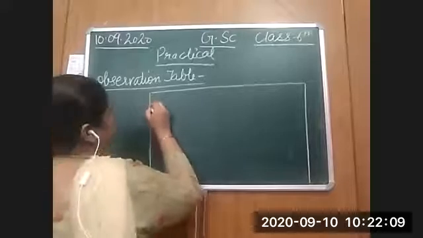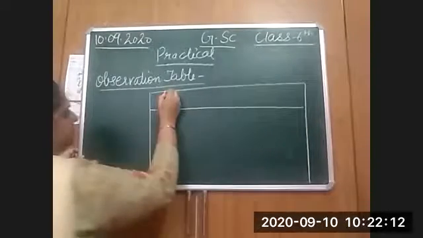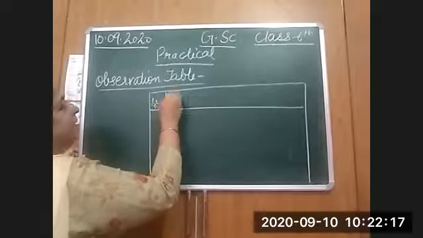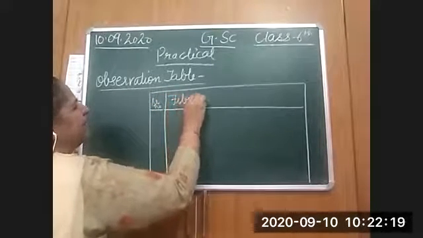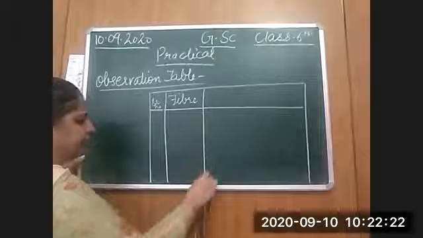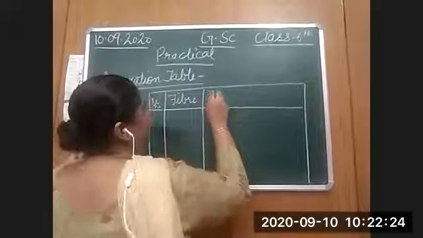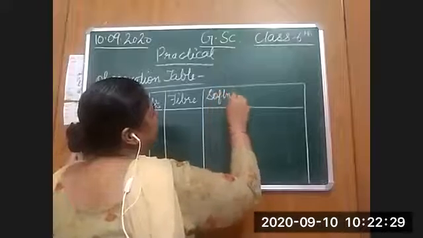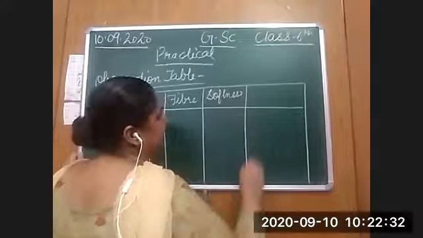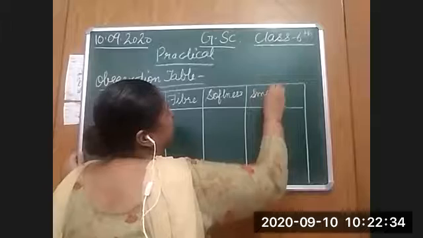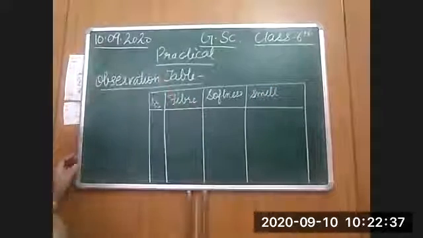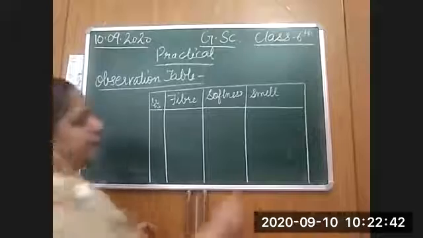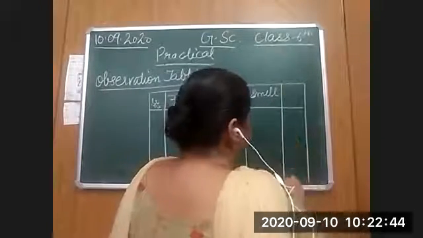Then at the top, here serial number, here fiber, then here touch. यहाँ पे आप सॉफ्टनेस लिख सकते हो. सॉफ्टनेस, हेयर, smell, and you can write one more thing. Shrink.